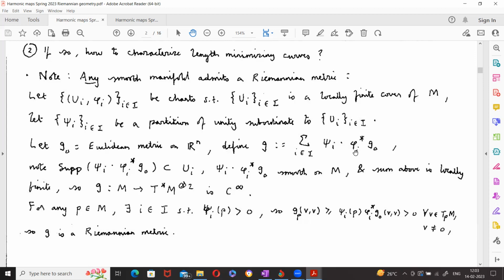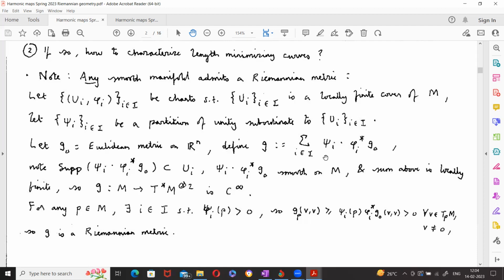This G naught is the usual Euclidean inner product on each tangent space of Rn. So I can pull back by the derivative of the chart, pointwise, to get an inner product on each tangent space. Now that is defined inside the chart, but I want to extend it to something global.